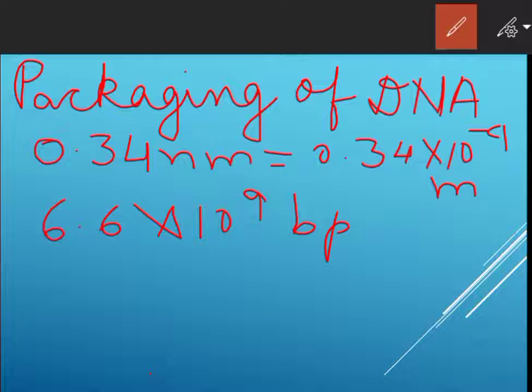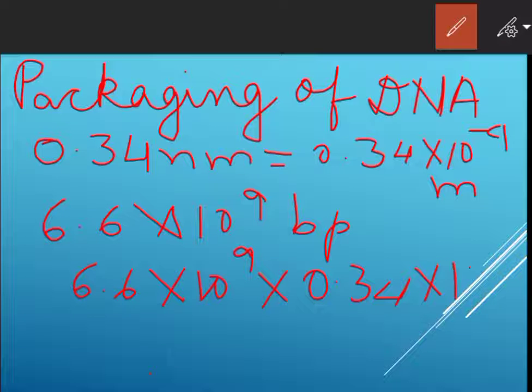So the length of this DNA double helix will be 6.6 into 10 raised to 9 into 0.34 into 10 raised to minus 9 meter, that is equal to approximately 2.2 meter.